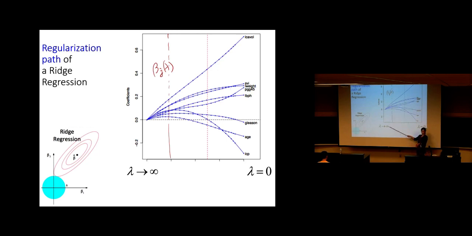In this problem, the data has only 8 features, so that's why I have 8 different betas: beta 1, beta 2, beta 3, beta 4, beta 5, beta 6, beta 7, and beta 8.